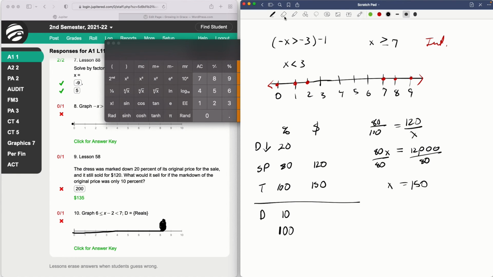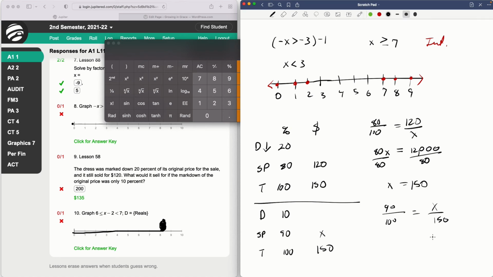If the discount is 10%, the selling price would be 90%. The total is 100% of 150. We don't know what that 90% would be, so we just do the same thing we did. So 90 over 100 equals X over 150.